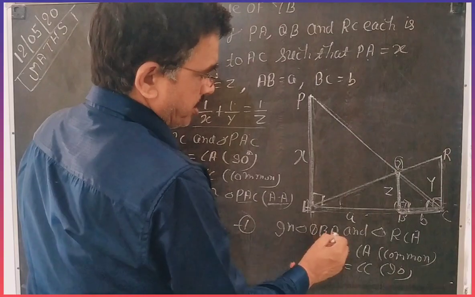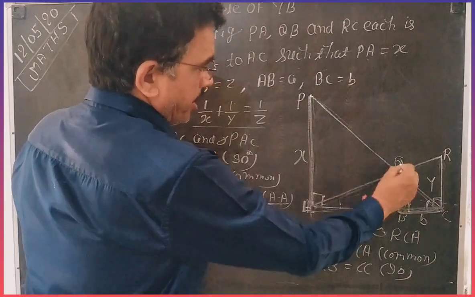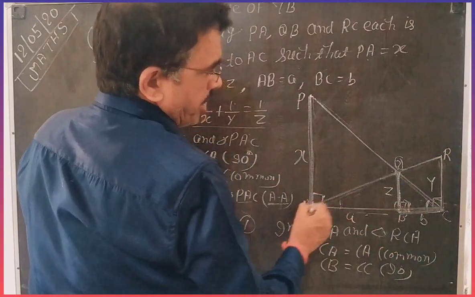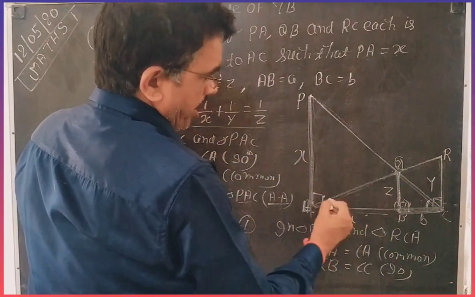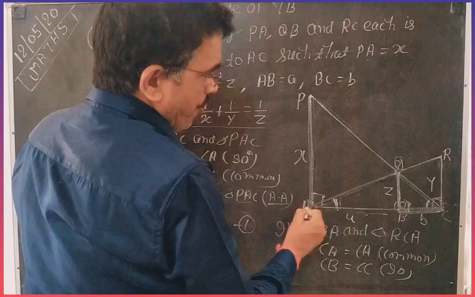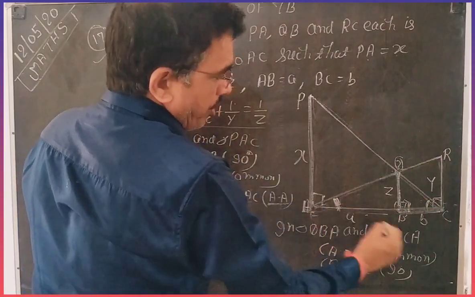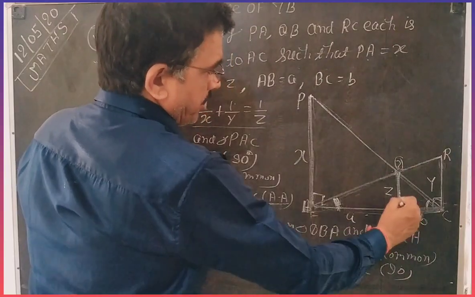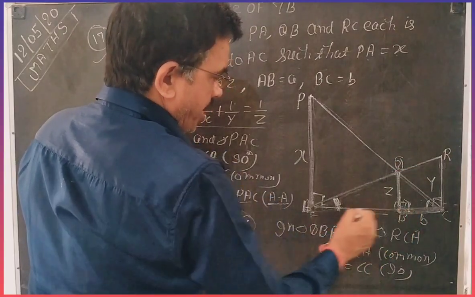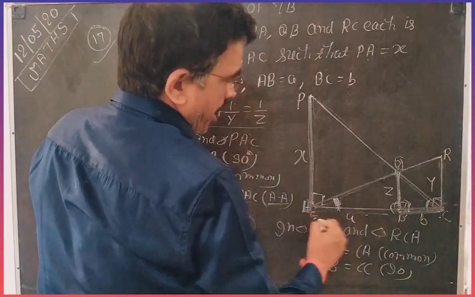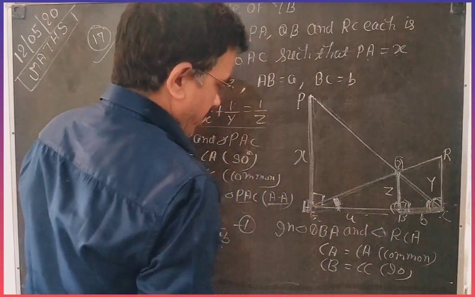Similarly, second, in triangle QBA, this is a small triangle, and triangle RCA, this is a large triangle. Angle A is equal to angle A, this angle QAB and this angle RAC, both are common. Next, angle QBA, that is B, is equal to angle RCA, that is C, both are 90.